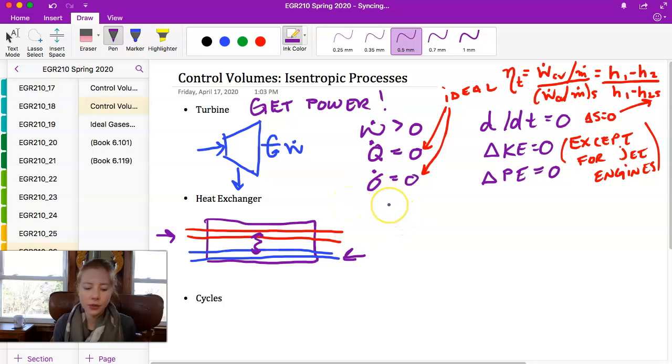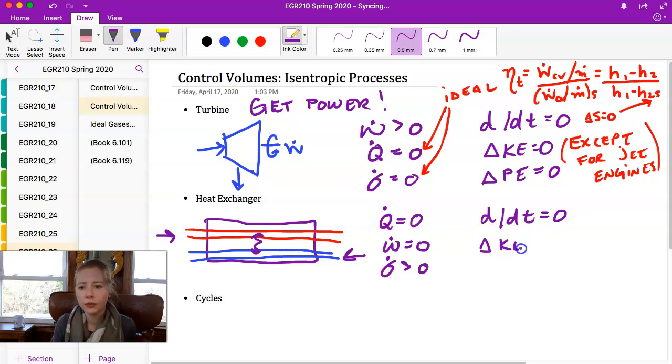So the built-in assumptions for a heat exchanger are that Q dot is 0, W dot is 0, entropy production is positive. We're working at steady state. Change in kinetic energy is 0, and change in potential energy is 0.